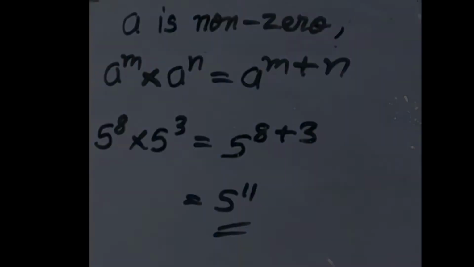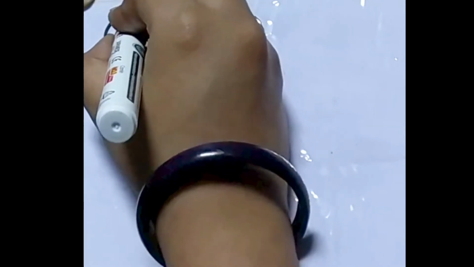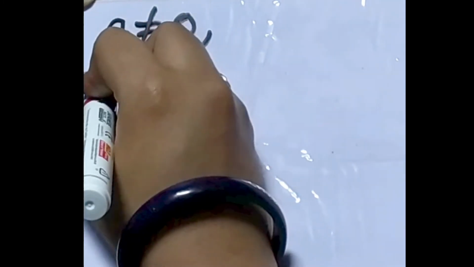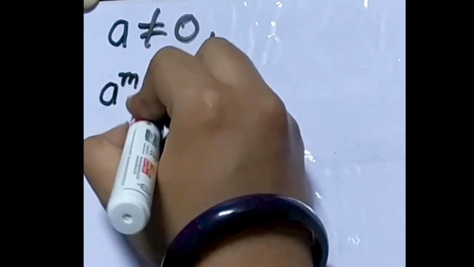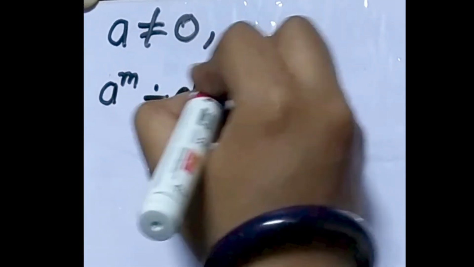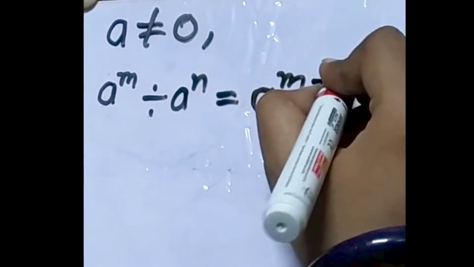Okay, now the second law is, see the second rule, a is any non-zero number. a not equal to 0 means a should not be equal to 0. a should be any non-zero number. Then a raised to m divided by a raised to n equal to a raised to m minus n.